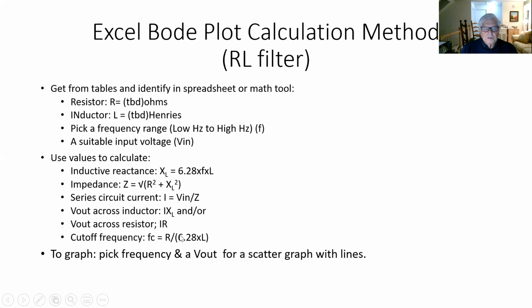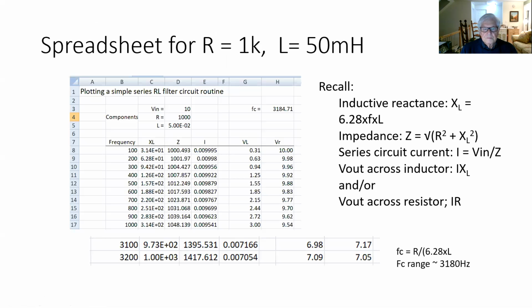And our cutoff frequency is going to be R divided by 2 pi times L. So here we're going to use a 1K resistor, and we'll use a 50 millihenry inductor. Okay, our FC is around 3180 hertz. Once you put it into this equation, R over 6.28 L, we get 3180 hertz.